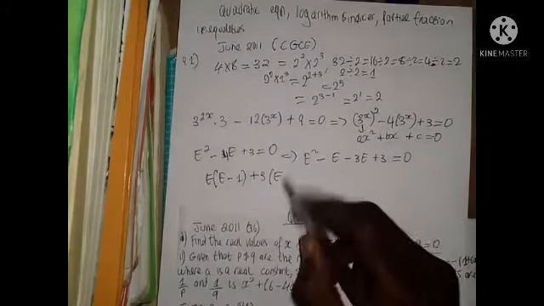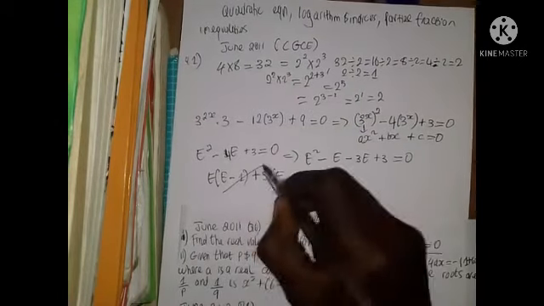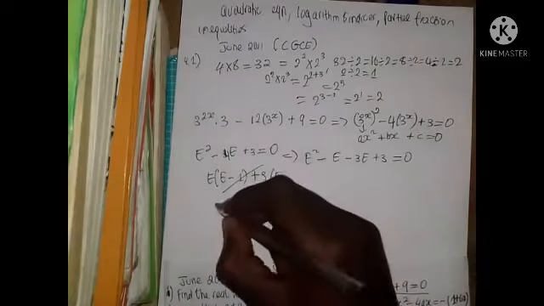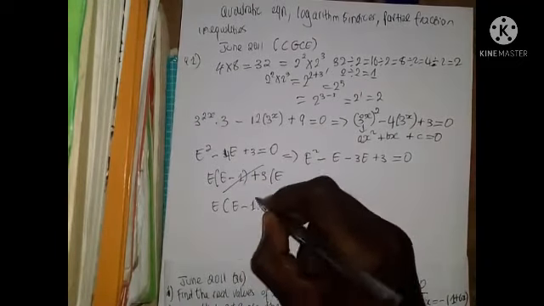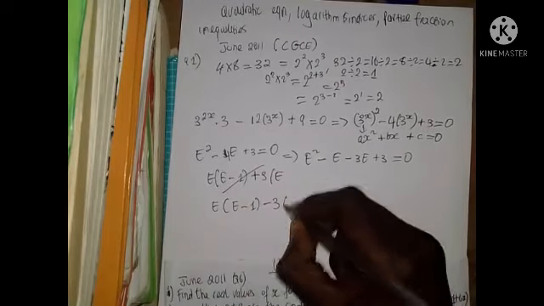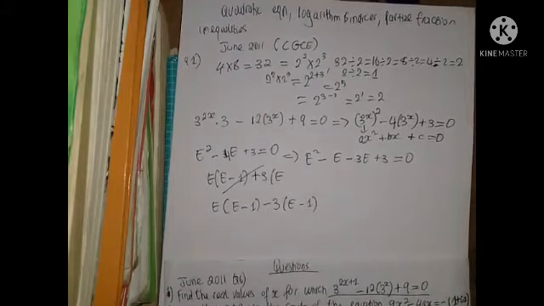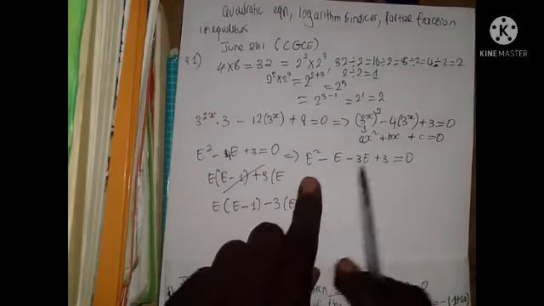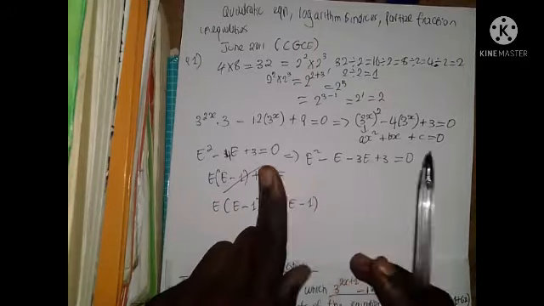So we have e into e minus 1 minus 3 into e minus 1. This was just for trial. And again, give a lot of priority to the first one.